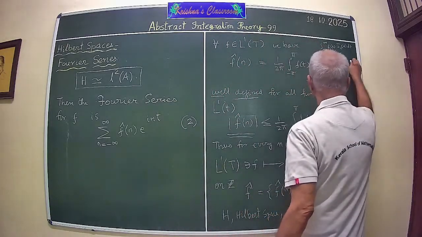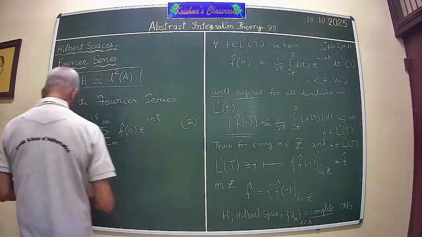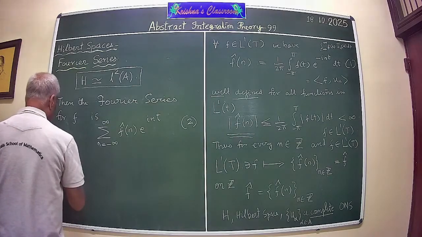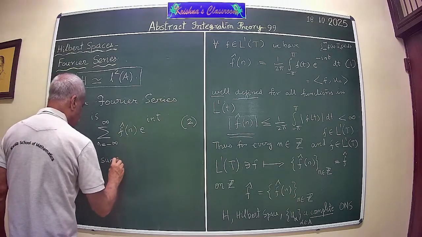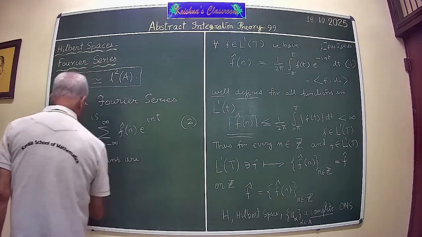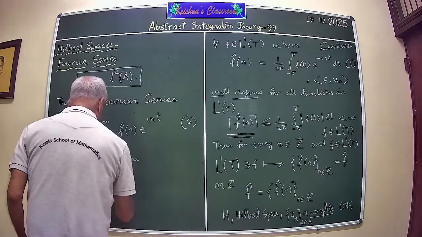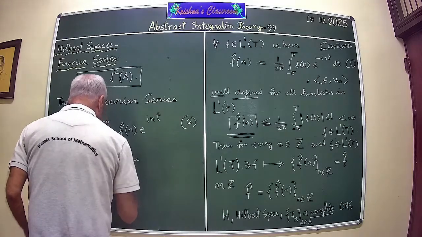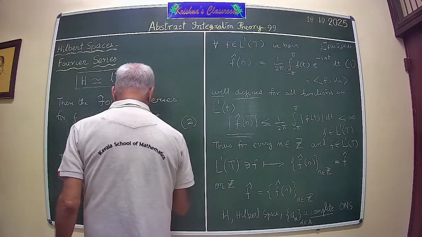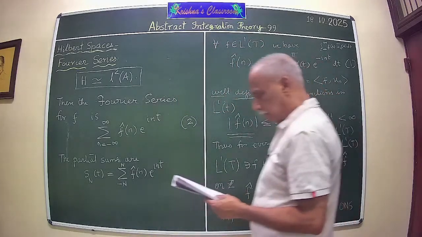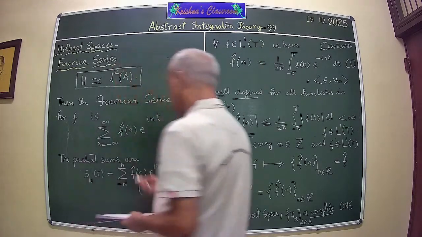Let us designate this by, okay, and the partial sums are for n equal to, these are all the partial sums.